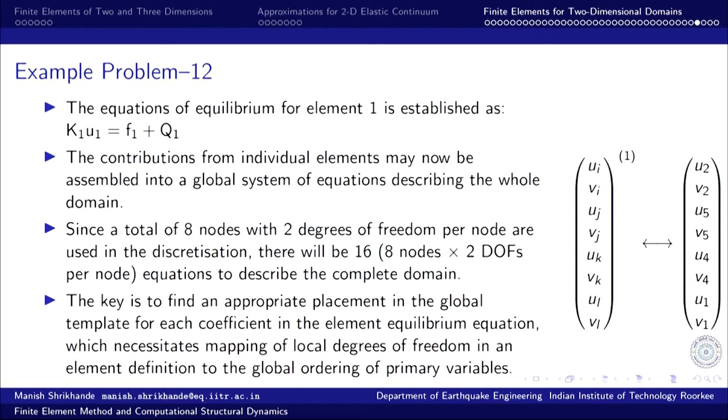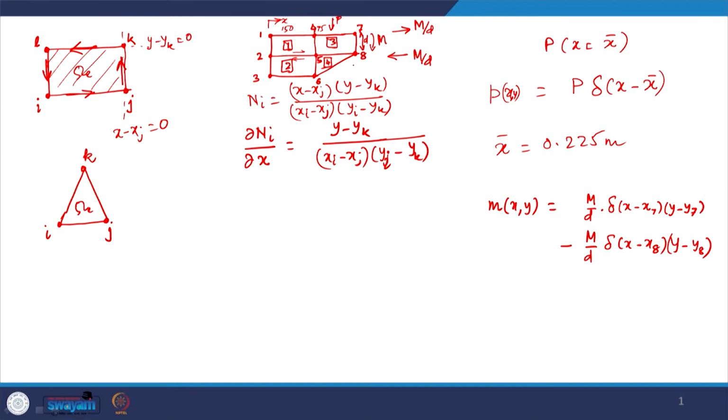particular problem, right. So, there are a total of 8 nodes, each node has 2 degrees of freedom, u j and v j. So, 2 degrees of freedom at each node. So, there are a total of 16 variables that we are looking at.